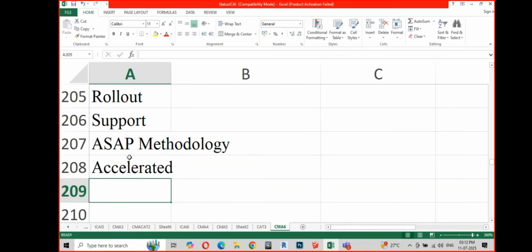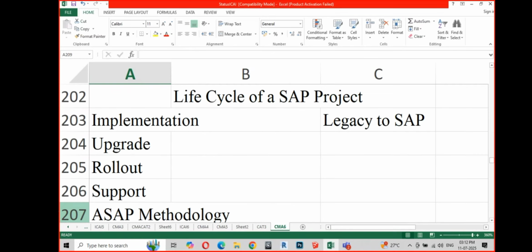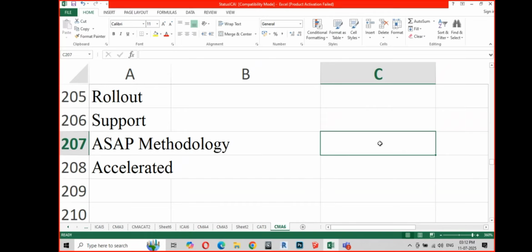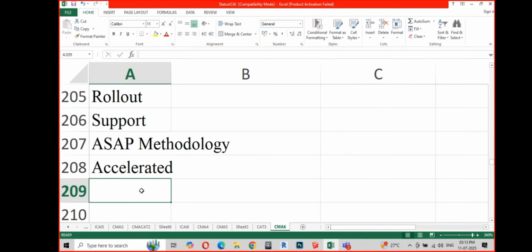In HANA, instead of the ASAP methodology, what is it called? Let me remember the name. Now, as far as the ASAP methodology is concerned, except for the change in the name, the steps more or less remain the same in both ECC as well as HANA.